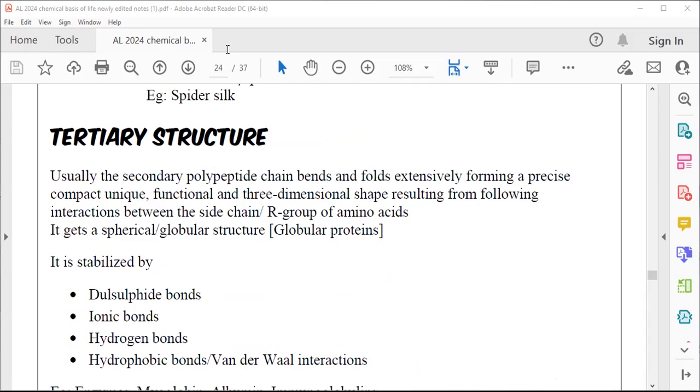So if you take the tertiary structure, it will be appearing like a spherical part. Okay.